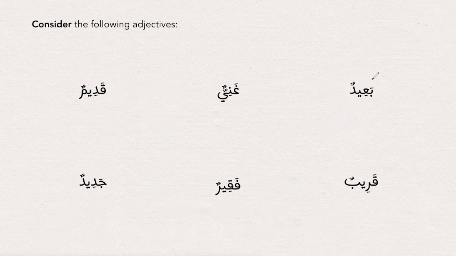We've got the word ba'idun, and below it, we've given the opposite. So ba'idun and qaribun, they're opposites. Ba'idun means far, qaribun means close. It can be useful actually to learn adjectives with their opposite. Ghaniyun is rich, and its opposite below, faqirun, then of course will mean poor.